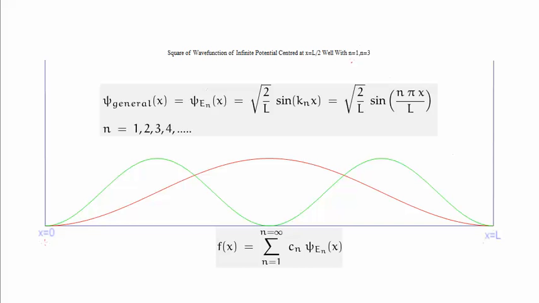So the red curve is n is equal to 1, and the green curve corresponds to n is equal to 3. Now what I'd like to talk about is the energy associated with each wave function and the wavelength, or put differently, the energy associated with the particle described by each of the particular wave functions in our infinite potential well.